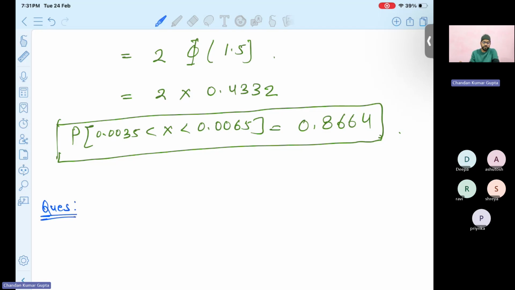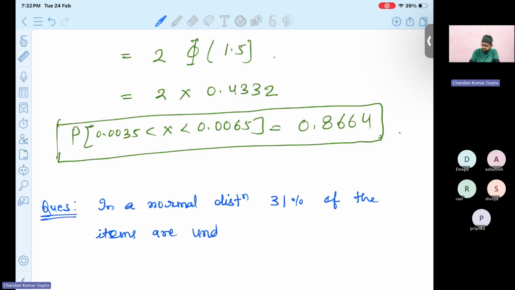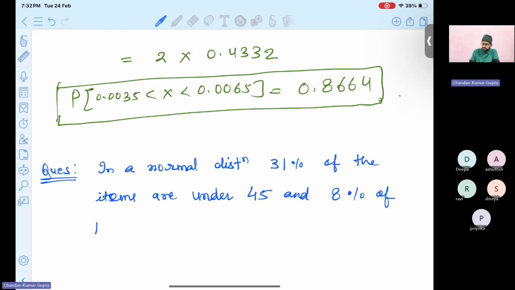In a normal distribution, 31% of the items are under 45 and 8% of them are over 64.